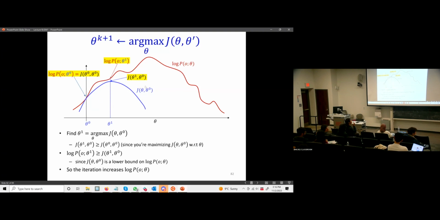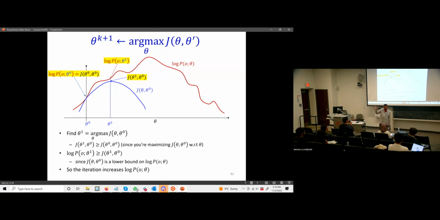It can be worse, because tangents mean the slope must be the same at a point. That is true. So long as the slope of log P of O is not zero, you can't have that happen. It can get stuck at a local minimum, but if this slope is non-zero, then it has to go up, right? Right. Thank you.